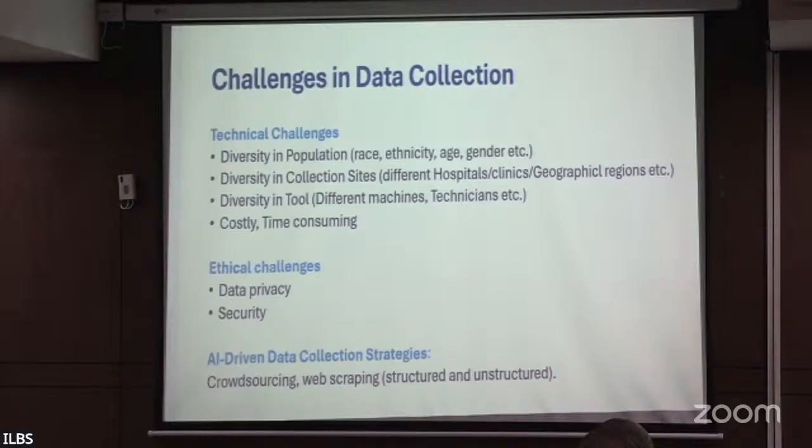There are many challenges, like diversity in population, collection site, tool, and what machines are being used, and it is a costly, time-consuming process. To solve this, there are many open source databases available these days, basically for unstructured data, which is not readily available.